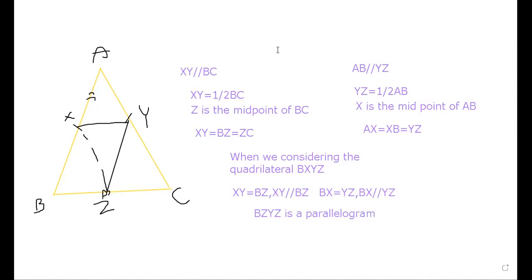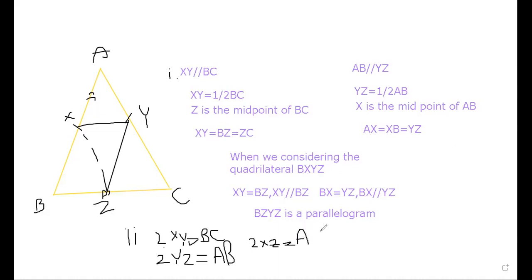Then the second question. 2XY equals BC, 2YZ equals AB, and 2XZ equals AC.